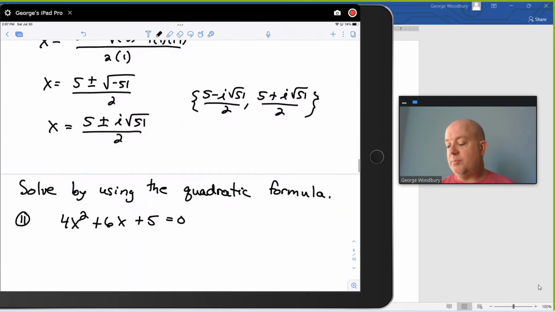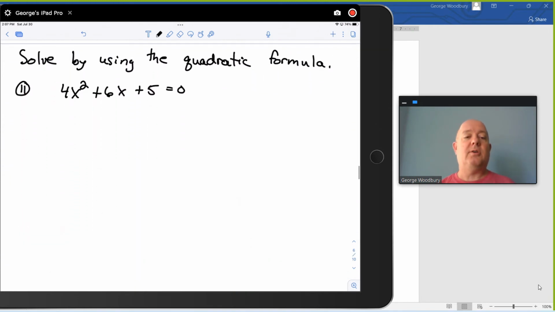Same thing happened with problem 11, because for completing the square, we had to divide everything by 4 first. We had x squared plus 3 halves x, and we had to take half of that and square it. Lots of fraction issues there. The quadratic formula is going to be a lot cleaner here. This time we've got a equals 4, b equals 6, and c equals 5.